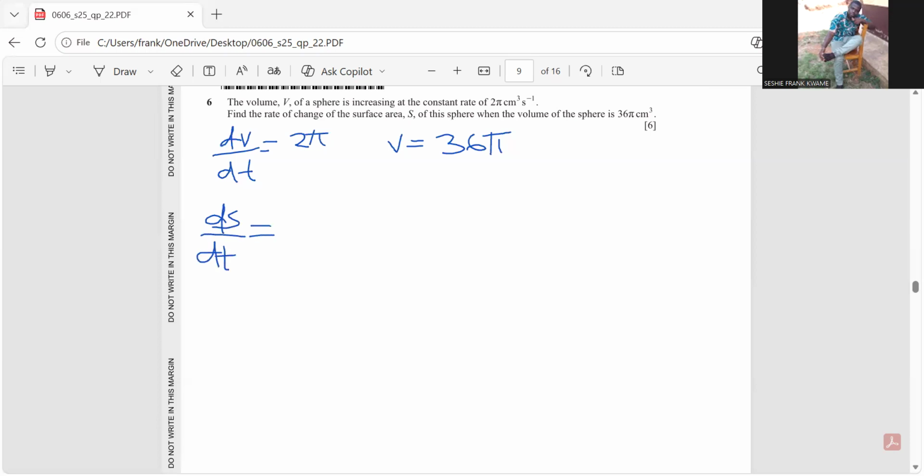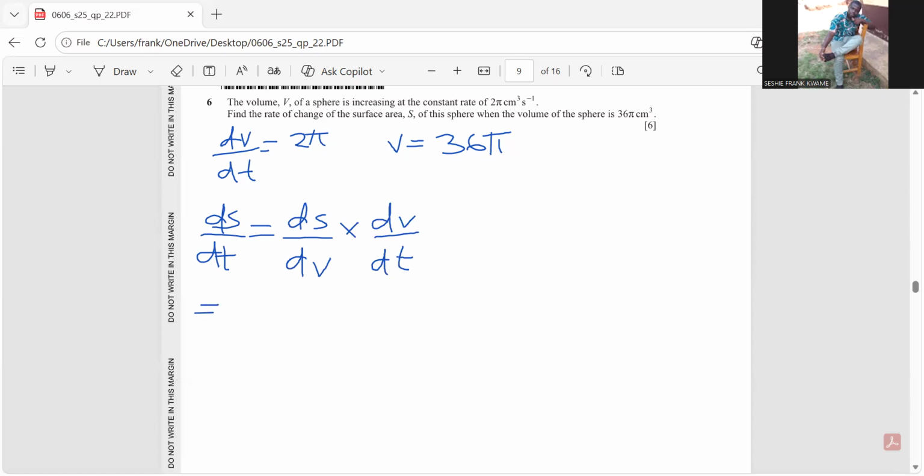Now, we can combine many things to have that. We can have dS/dt equals dS/dV times dV/dt.